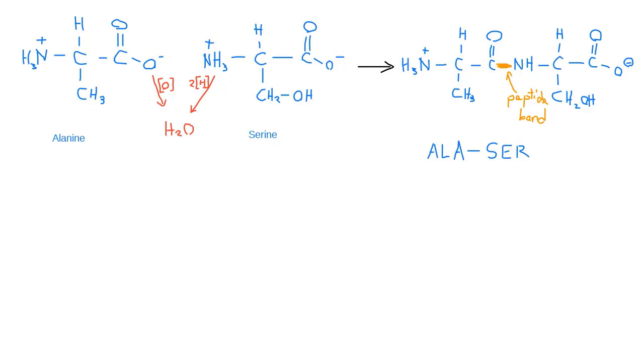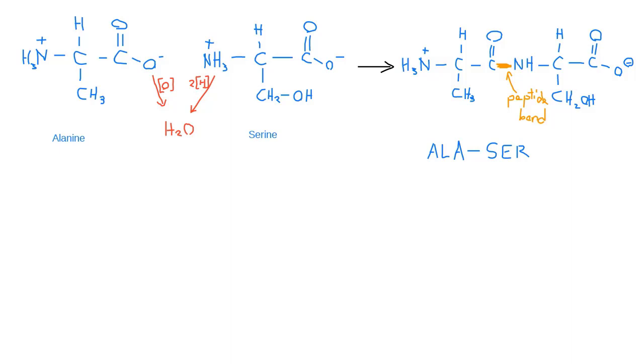So proteins are large, complex amino acid chains, and typically proteins have some sort of structure or function for which they are produced, so to speak. Any questions on this so far? Okay.